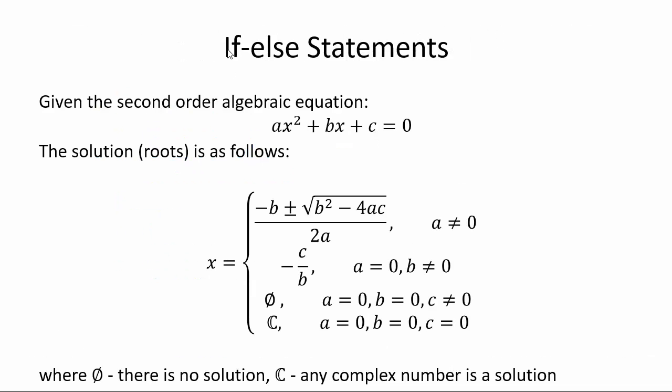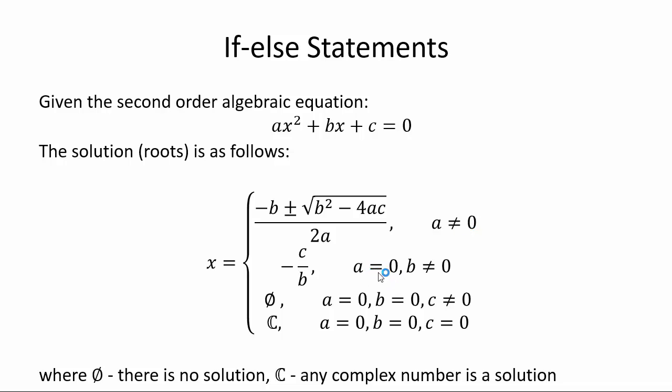So let's start with the if-else statements. Assume we have this second order algebraic equation like this. From mathematics we know that the solution to this equation can be like this, assuming a is not equal to 0.